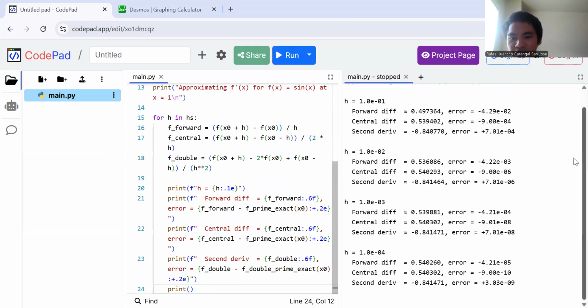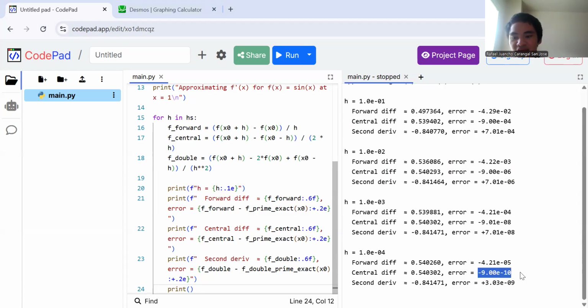And here, we're actually picking h as it gets closer and closer. I can't see because of my sharing. So as we pick an h that's closer and closer, our forward difference, or the first approximation that we did, its error is decreasing, right? But if we use the central difference, it's actually way better.